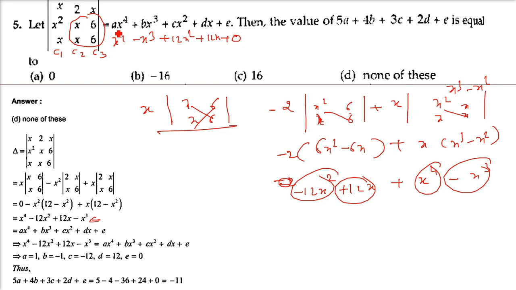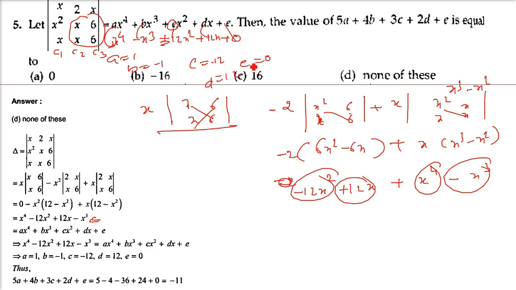So the coefficient of x to the power 4 is 1, b is minus 1, and c is minus 12 because it is minus 12 here. So c is negative 12, d is equal to 12, and e is of course 0.